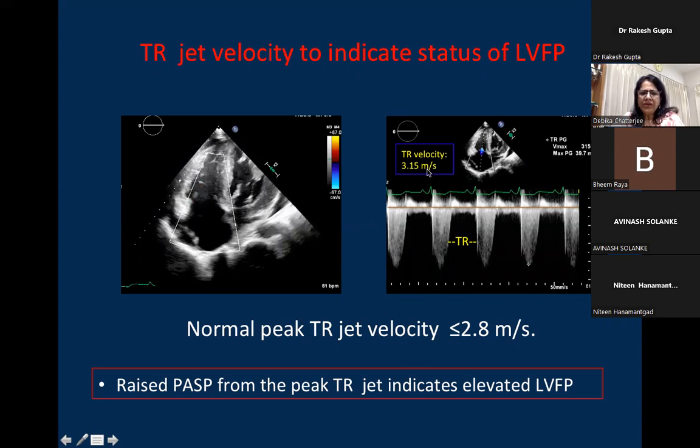So this is definitely higher than that, and that indicates raised pulmonary arterial systolic pressure. The peak TR jet gradient indicates elevated LV filling pressure. If we add RA pressure, say in this particular patient RA pressure is 5, so almost 40 plus 5, 45 millimeter of mercury is the pulmonary arterial systolic pressure in this patient. So that definitely indicates elevated LV filling pressure.